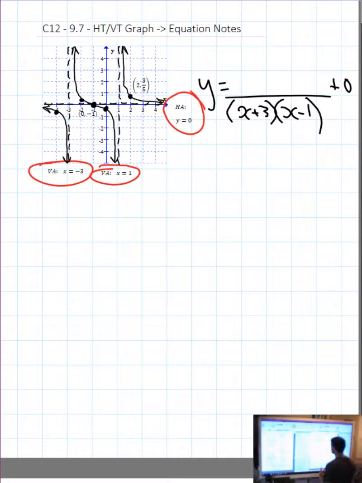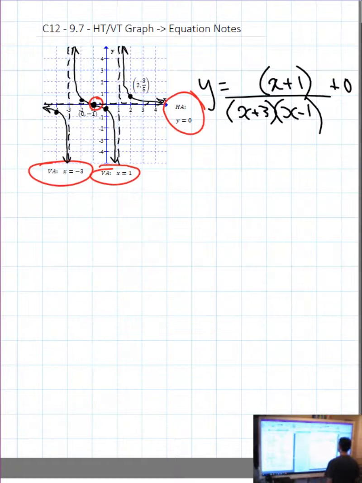Then again, now we have an x-intercept. So we want to put the factor of the x-intercept on the top. So x plus 1, given our x-intercept is at negative 1.